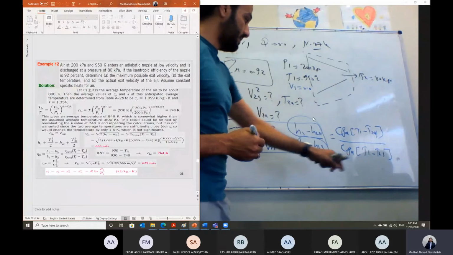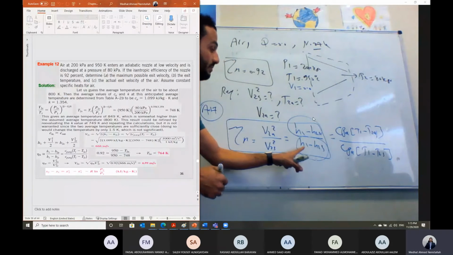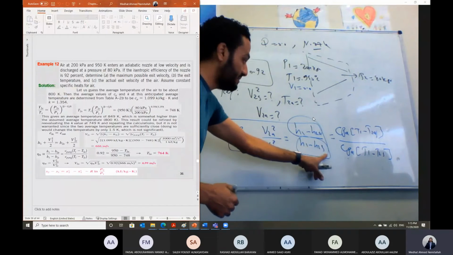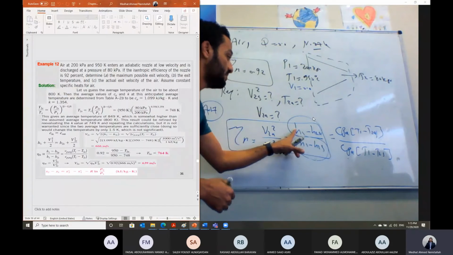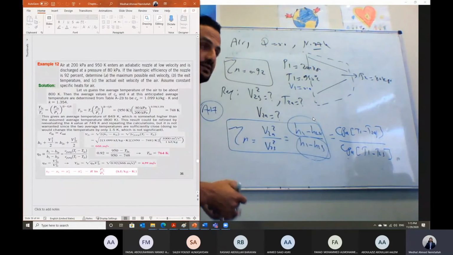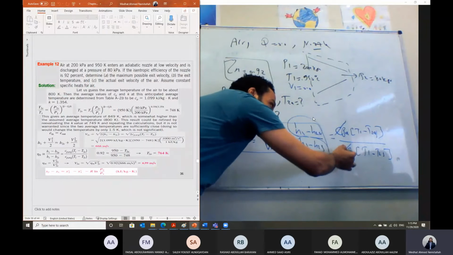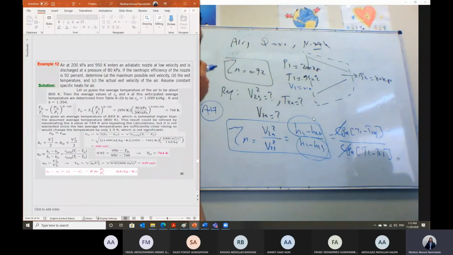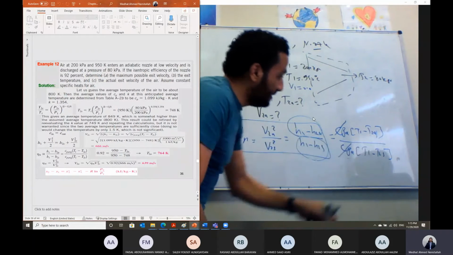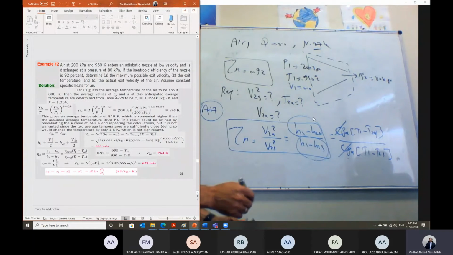This Cp average is calculated at the average temperature between the inlet and the isentropic exit, and this one between the inlet and the actual exit. Usually we don't have a significant difference, so we can neglect it. So the efficiency will equal T1 minus T2 actual divided by T1 minus T2s.